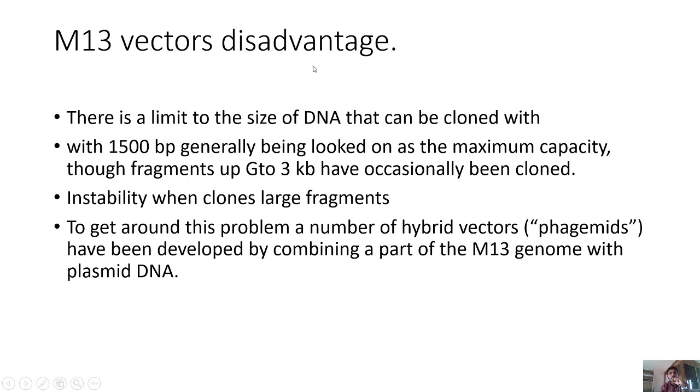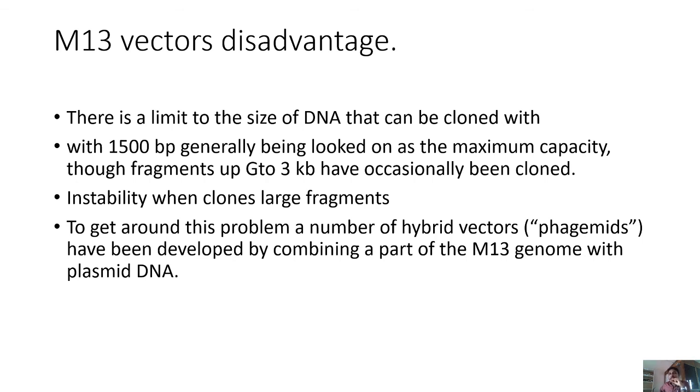Coming to the disadvantages of the M13 vector. The most important disadvantage of the M13 vector is that it can accommodate only a limited amount of foreign DNA, around 1500 base pairs. Only that much DNA can be introduced into M13 vectors.